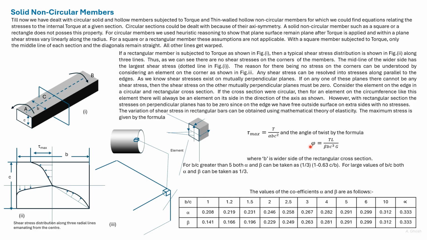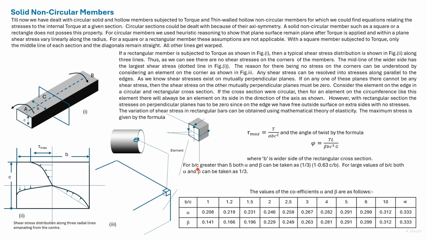The angle of twist phi is equal to TL divided by beta b c cubed G. Here alpha and beta are coefficients that have to be found using a table or using a formula.